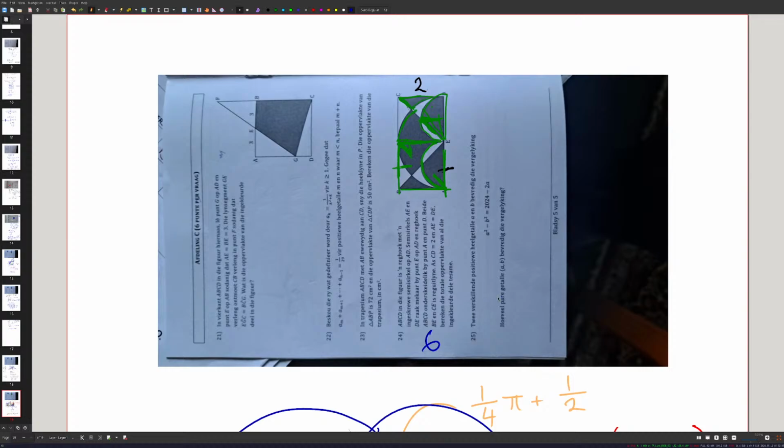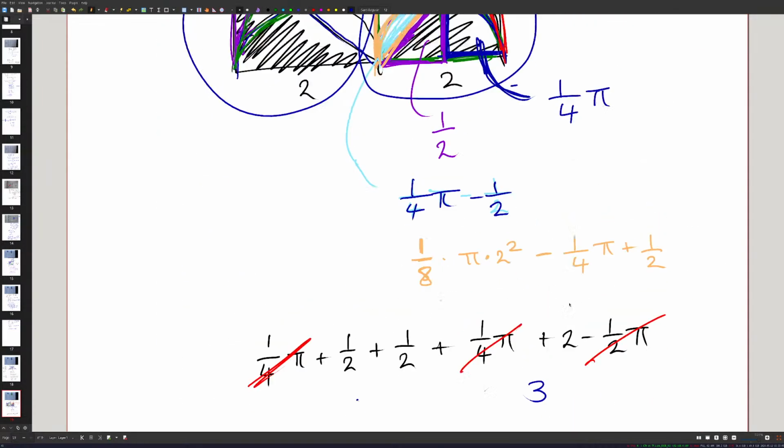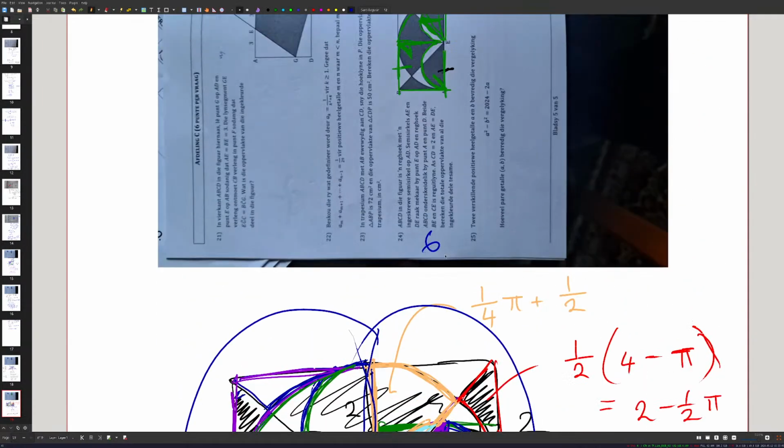And then the final question, two different positive integers a and b satisfy the equation a squared minus b squared is 2024 minus 2a. How many pairs of integers satisfy the equation? Oh, wait. Yeah, how many pairs of numbers?